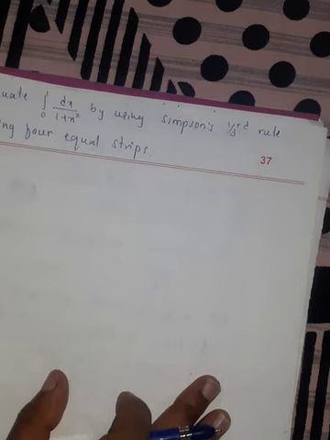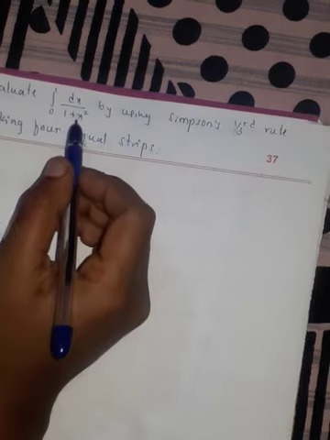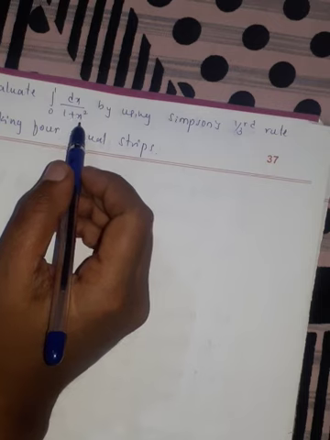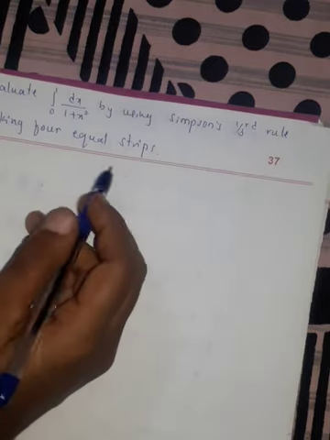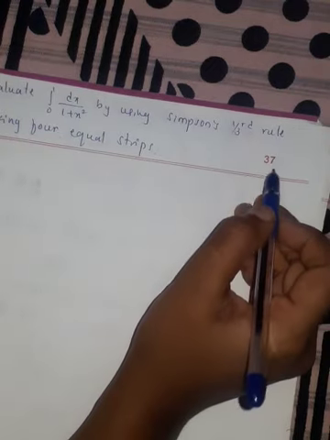Here I have taken one example. Evaluate the integral from 0 to 1 of dx divided by 1 plus x square by using Simpson's one-third rule, taking 4 equal strips. Here they only asked to use Simpson's one-third rule.